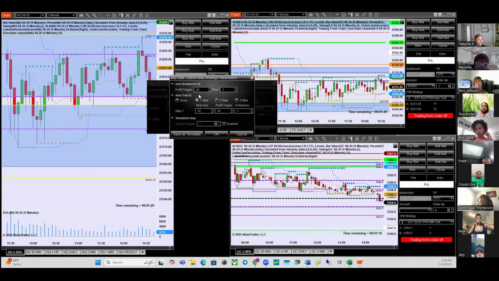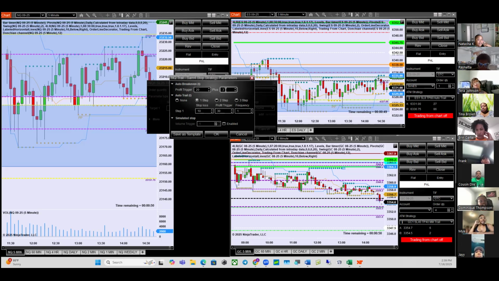The way this one works is that once it gets 20 ticks into profit, which on an NQ1 means 20 ticks or $100 into profit, it is going to move the stop to break even plus 3. So if it came back and hit the stop, I would make $15.